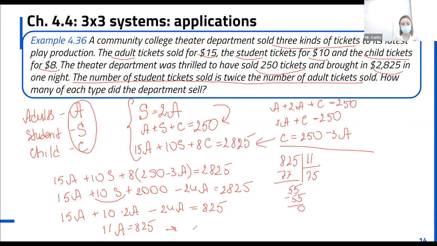So we have the number of adult tickets, 75. And here we can directly see the number of student tickets, because student tickets are twice adult tickets. So 75 multiplied by 2, 150.